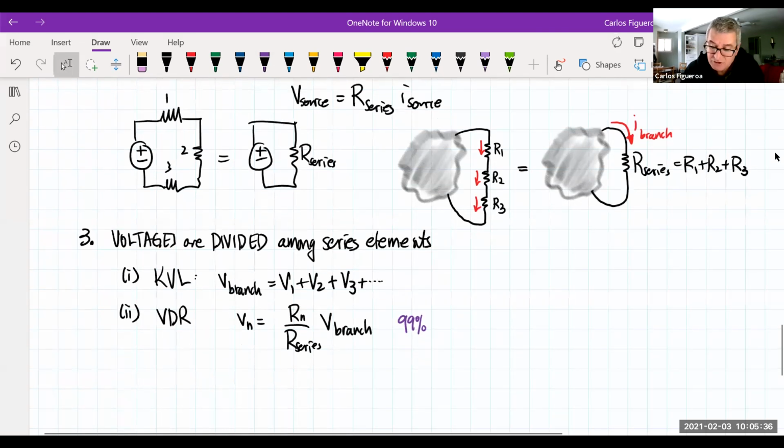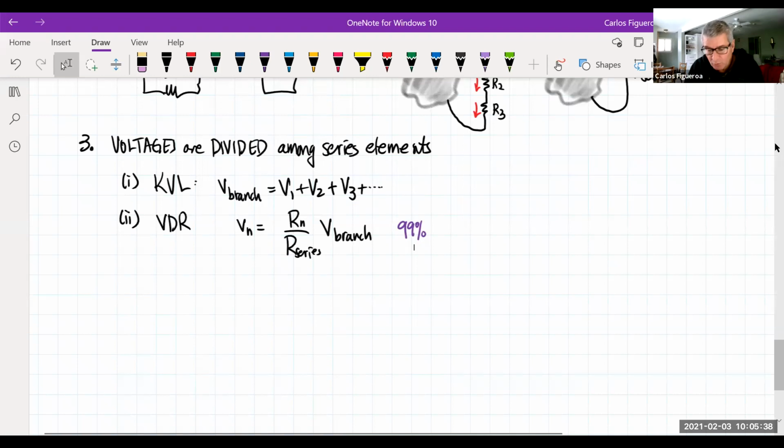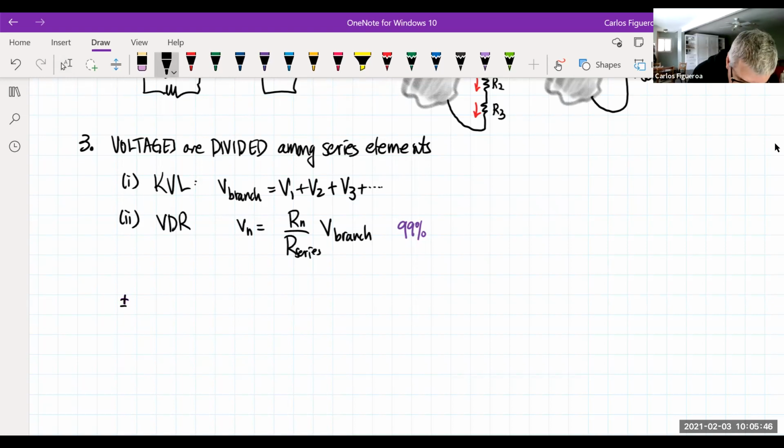We can easily derive the voltage divider rule. One of the things we already said is that if I have a circuit that's series, the current through all of these must be the same. So if I look at the current through 1, 2, and 3, the current must be the same.